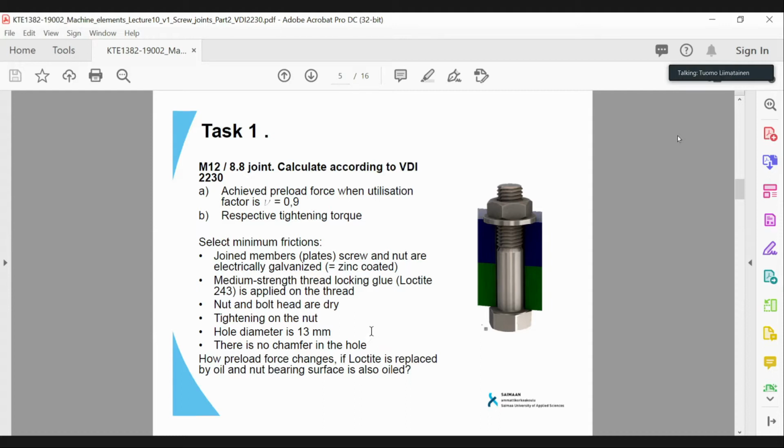You can find them in the lecture material, in the tables. In the tables, okay. And about the torque, how do you know which torque you have to use? That is something you need to calculate. And how do you have to calculate this? Same answer as last time. Check the lecture material. Okay.